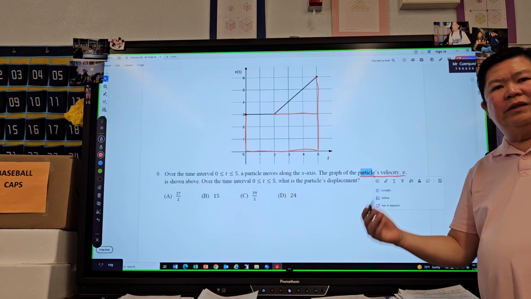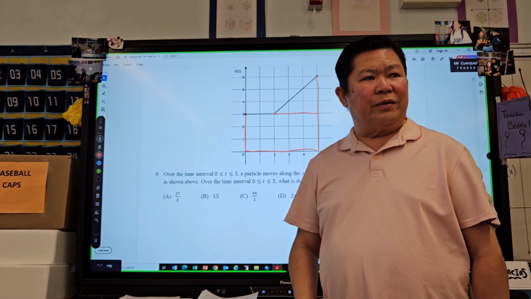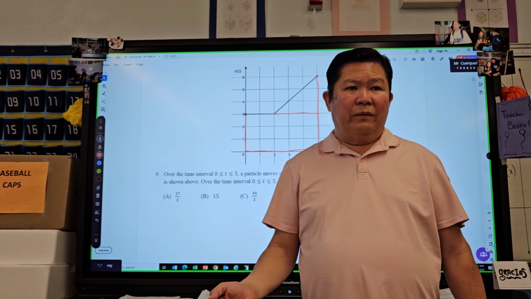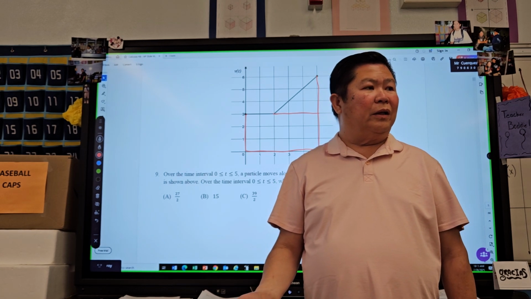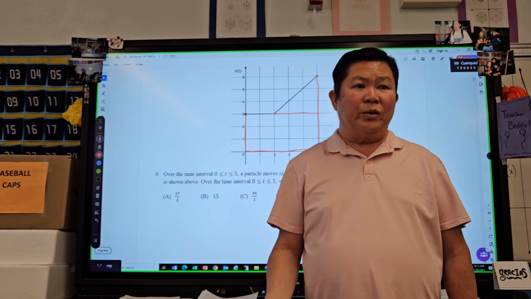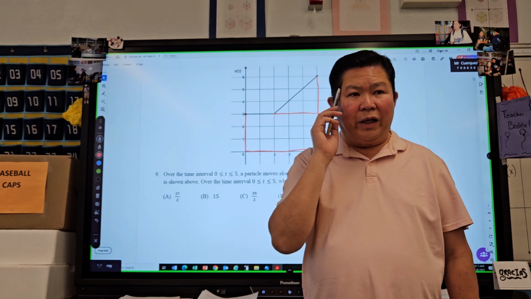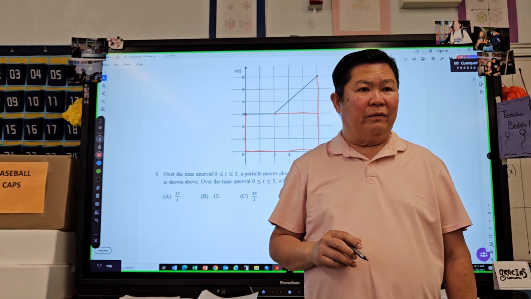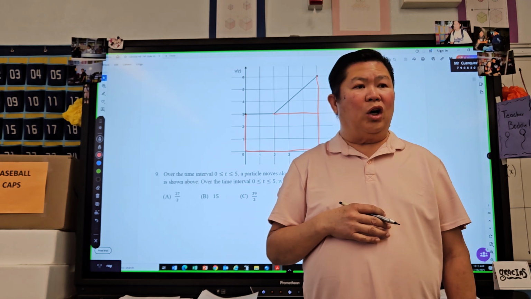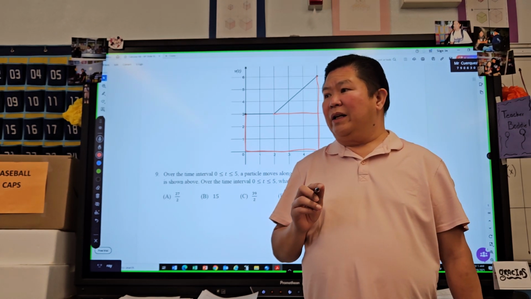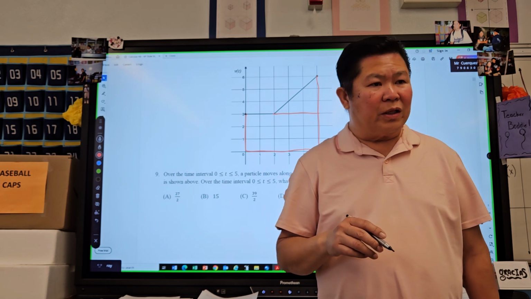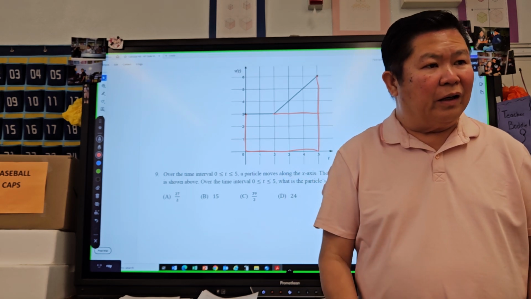Now, there are times that the problem is very familiar and doesn't require a lot of solutions, but we're gonna analyze the graph. Remember, we are on area, okay? Antiderivative focuses on area.